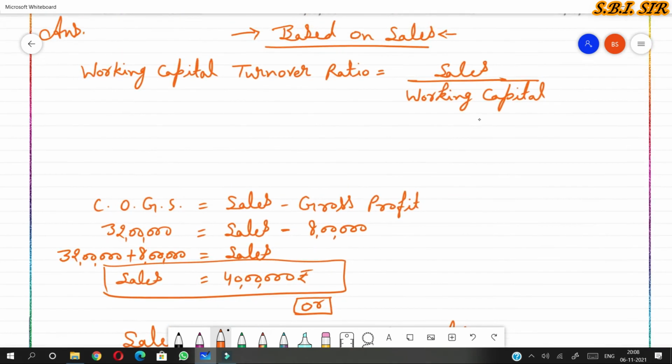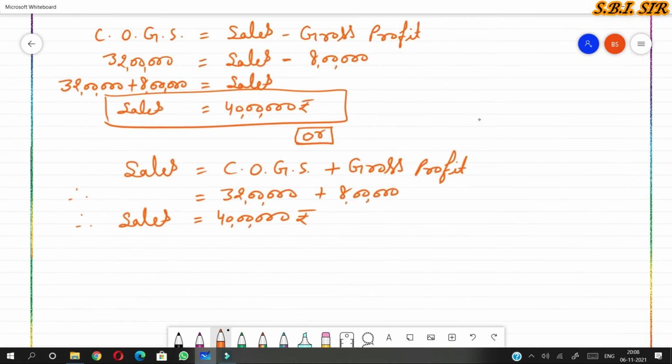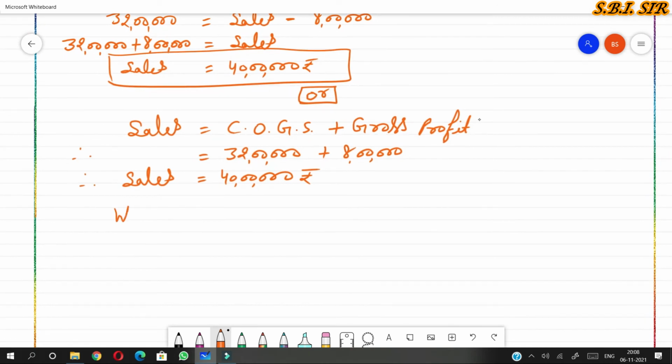Now we have to find out working capital. Working capital equals current assets minus current liabilities.